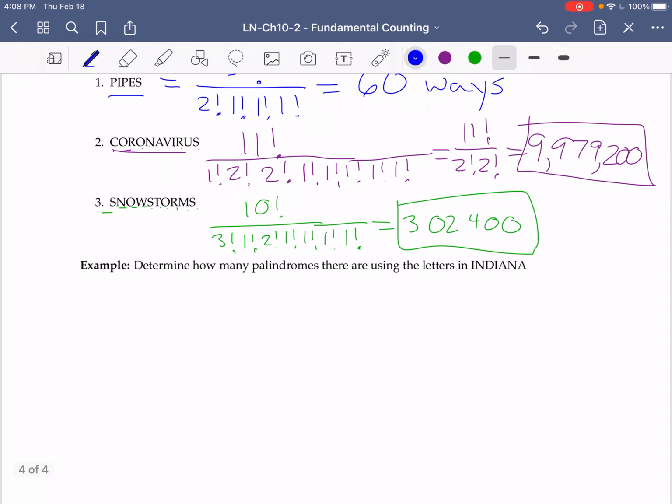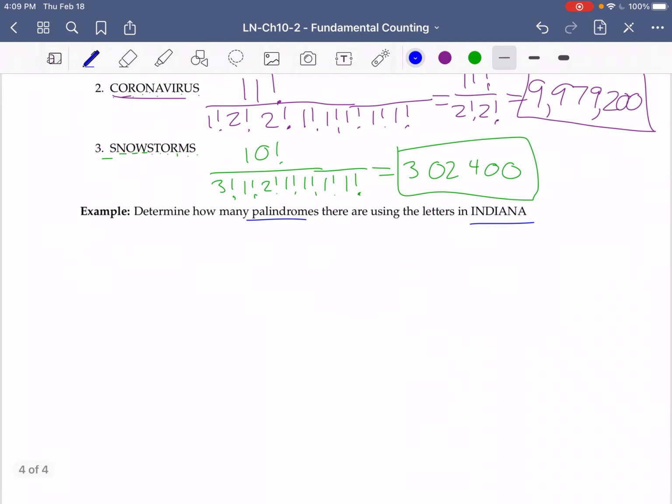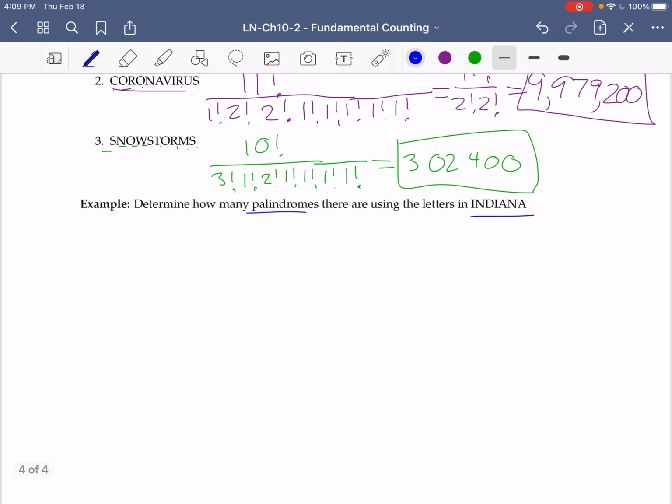Now we're going to take a look at something that's similar, though maybe a little bit different. Determine how many palindromes, like taco cat, the same forwards and backwards, there are using the letters in Indiana. This is not necessarily using our formula from above, so let's think through it. How many letters do we have? We have 1, 2, 3, 4, 5, 6, 7 letters in Indiana.